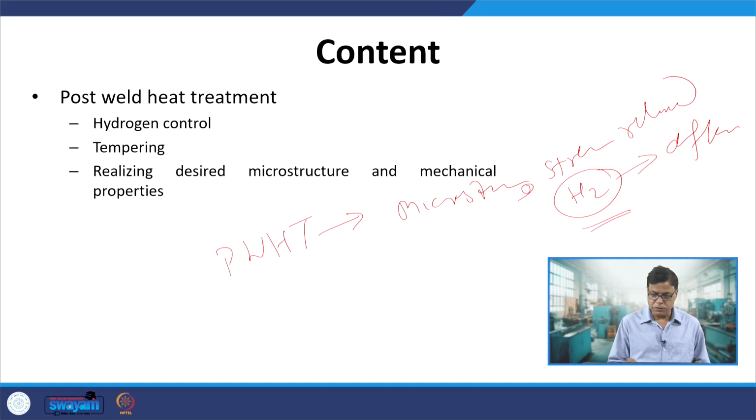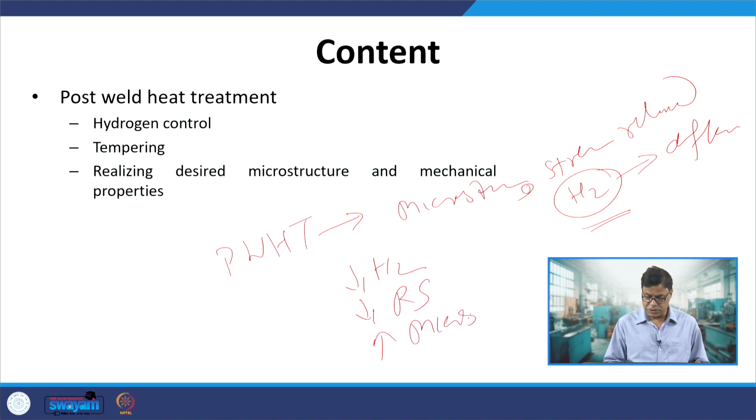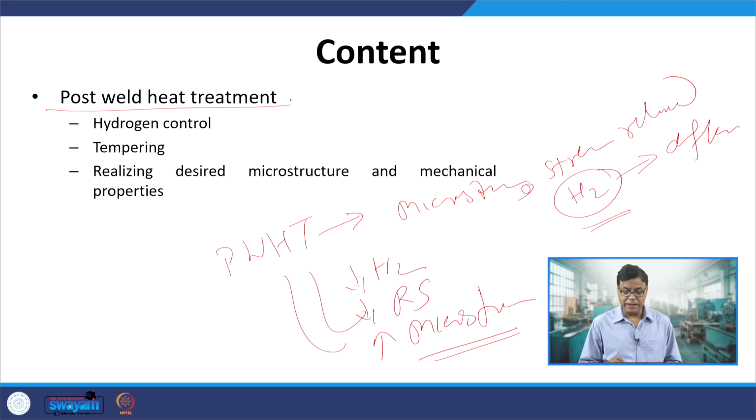Okay. So, stress relieving, reducing the hydrogen content, reducing the residual stresses, and developing the desired microstructure are the three main things that are realized through post weld heating.